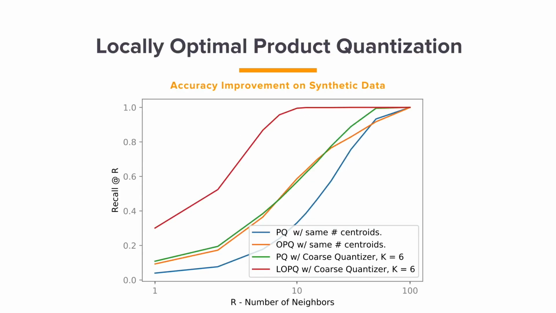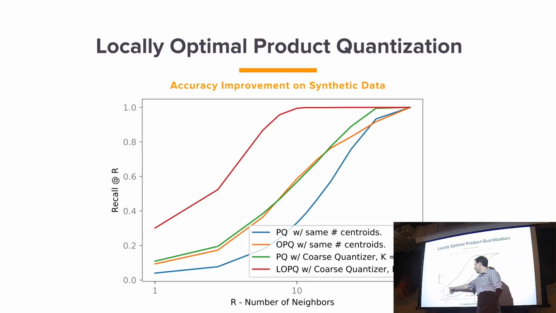So let's look at the results on our toy data set. Whoa. This is our recall at R curve. Recall at 1 using locally optimized product quantization. There's almost 30%. It's like 3 times higher. I compared it to optimal product quantization with the same number of centroids, because we have to do that thing with the coarse thing and all. And product quantization with the same number of centroids.